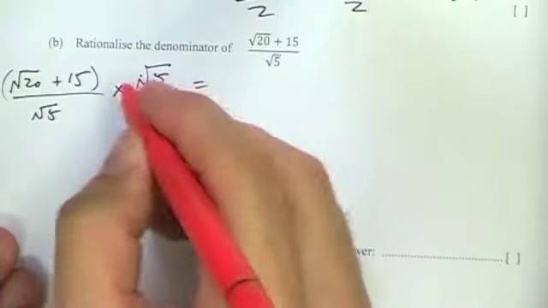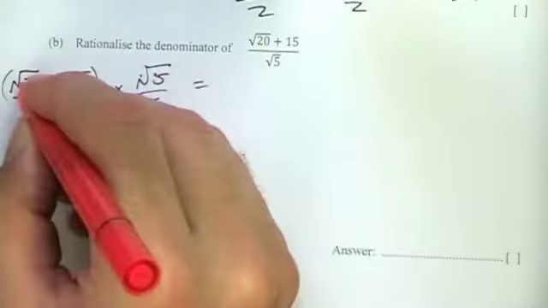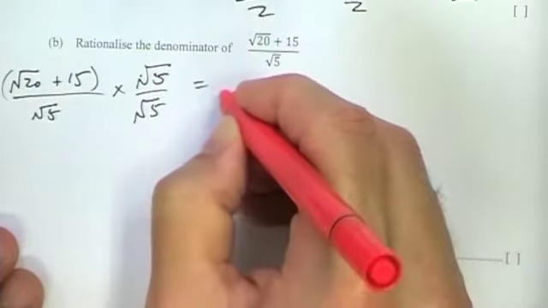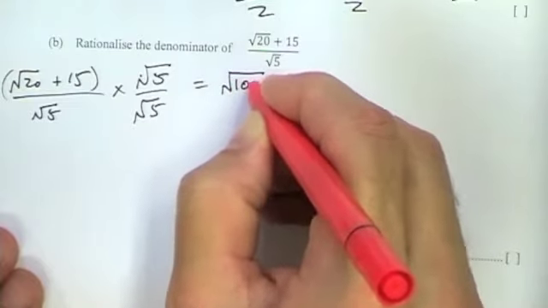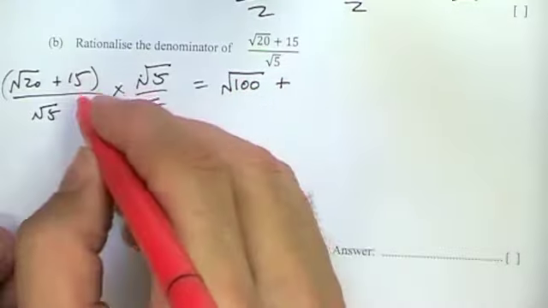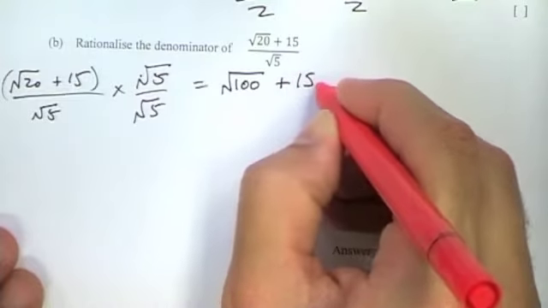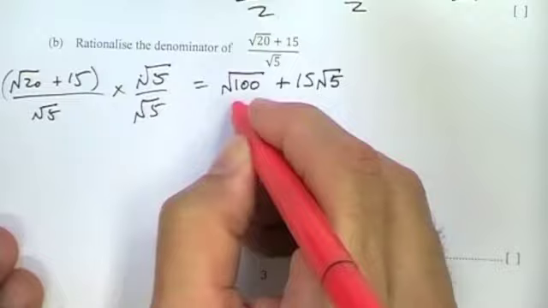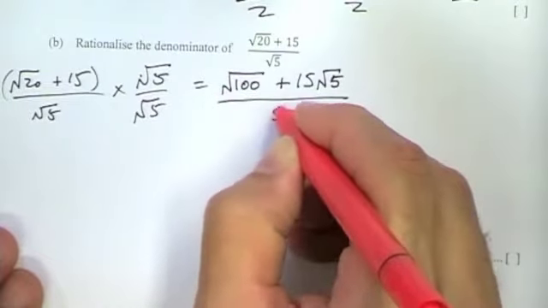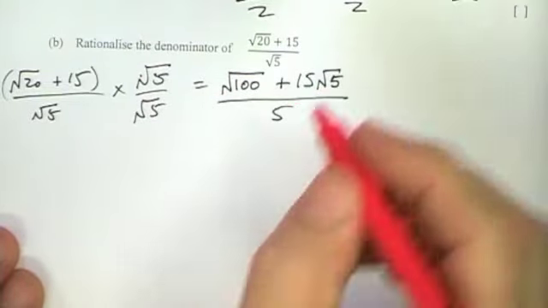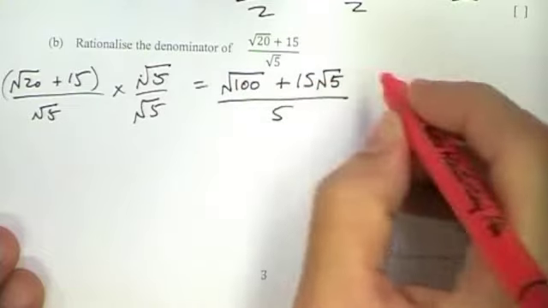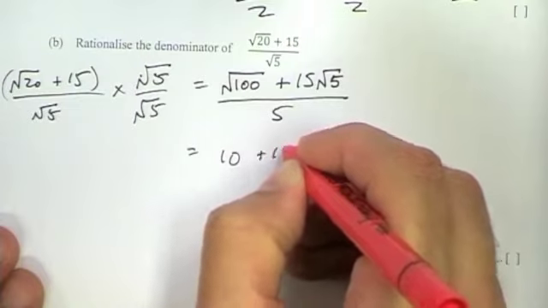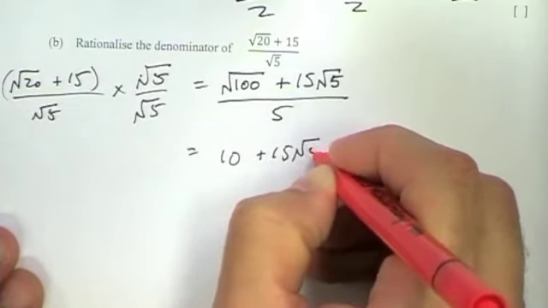So the top becomes root 20 times root 5, which is going to be root 100 plus, and then 15 root 5. And the bottom root 5 becomes just 5, so the surd has gone from the denominator. Root 100, that's just 10 plus 15 root 5.